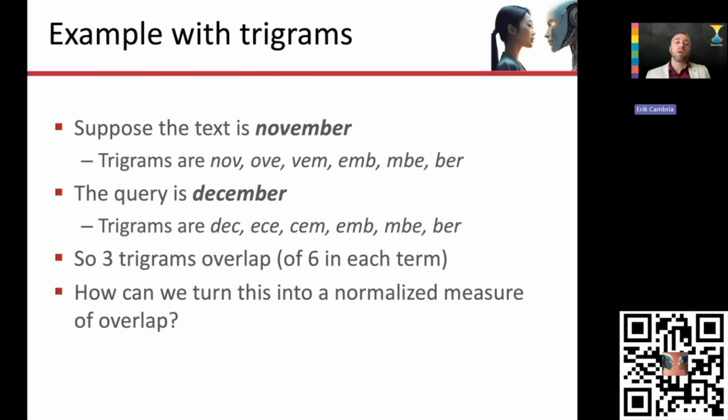Here, for example, I use a trigram, a three-letter window, to slide through every word, and then I calculate the overlap between these two. Each of these two words, November and December, is made up of 6 trigrams, and they share 3 of them.